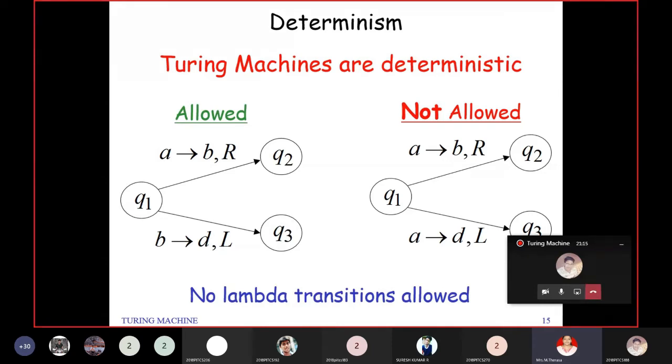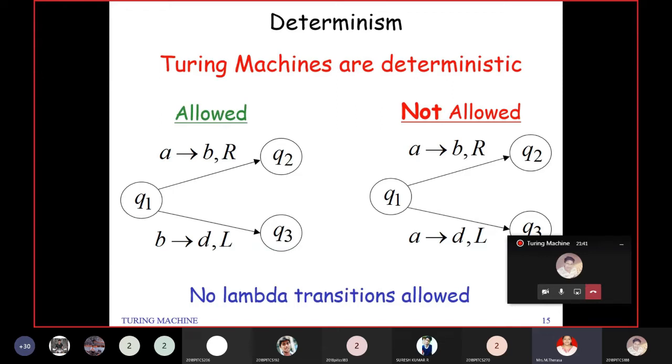Otherwise, if you are having a transition for an epsilon, you should not have a transition for a valid input symbol from the same state and the same stack symbol. Here we have deterministic Turing machines, where we will see what is allowed and not allowed. Here also there should be only one transition for an input symbol.